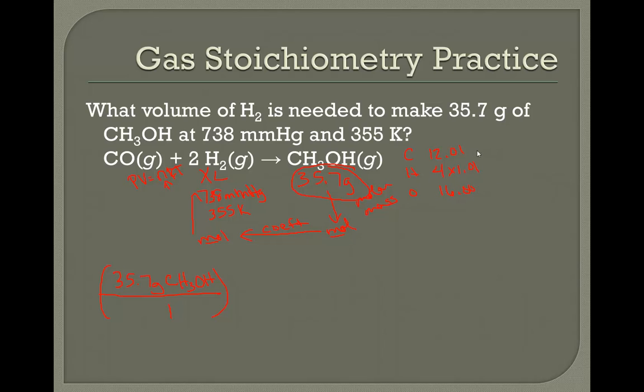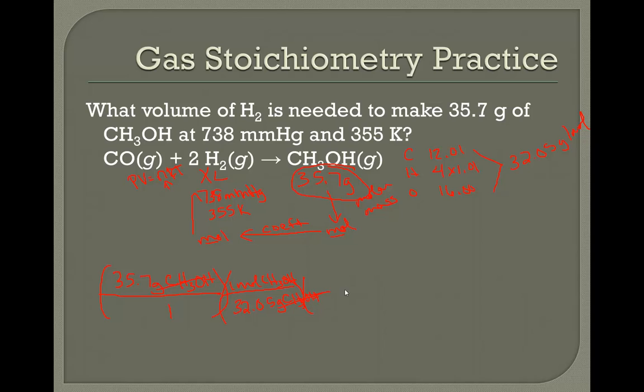That all adds up to 32.05. We got those numbers from the periodic table. So 32.05 goes on the bottom so that the grams can cancel out, and 1 mole of CH3OH goes on top. The grams of CH3OH cancel out.